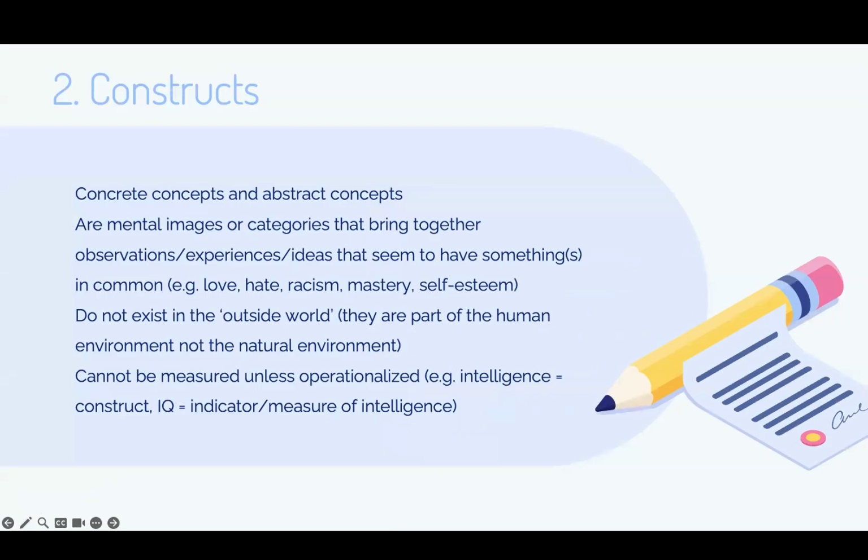Moving deeper, we encounter constructs, which are abstract concepts like love or self-esteem. They do not exist tangibly, but are crucial in shaping our understanding of the human experience. Constructs must be operationalized to be measured, such as operationalizing intelligence through an IQ score. There are two kinds of concepts.